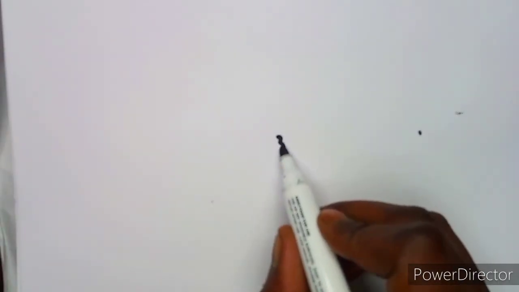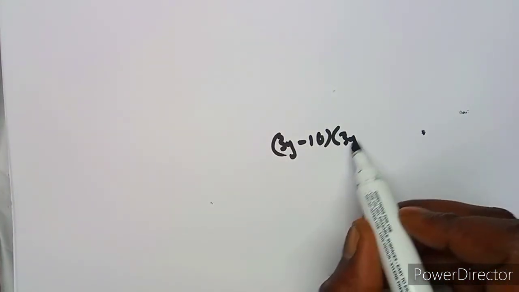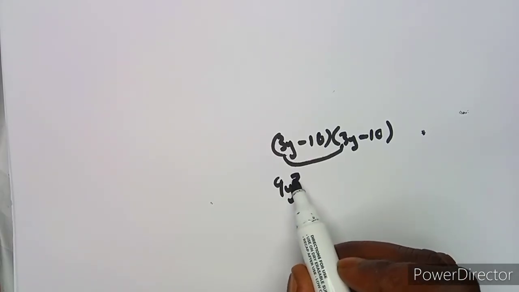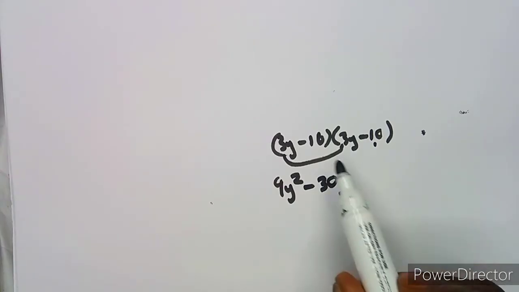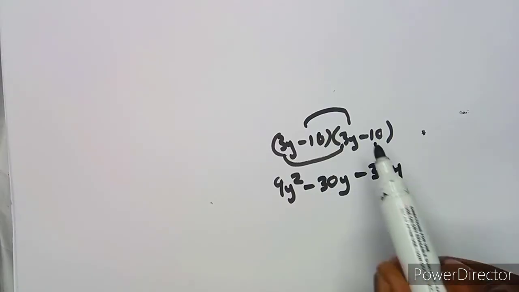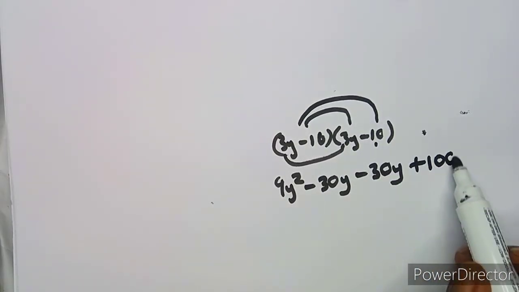All right, how is this possible, guys? Let's just expand our brackets. 3y minus 10 into 3y minus 10: 3y times 3y, 3 times 3, that's 9y squared. 3 times 10 is minus 30y, minus 10 times 3 is minus 30y, minus 10 times minus 10 is plus 100.